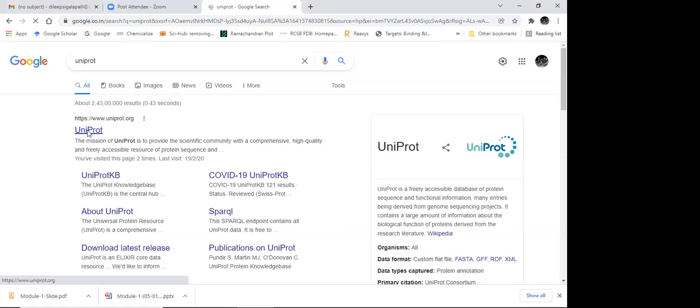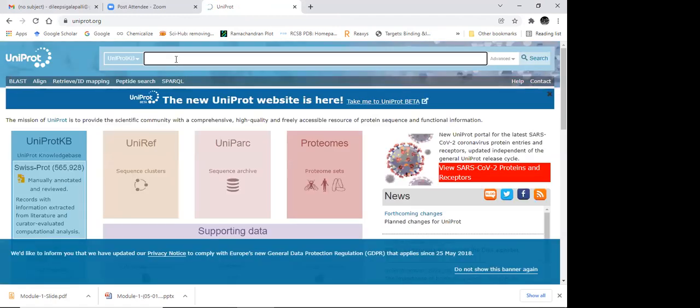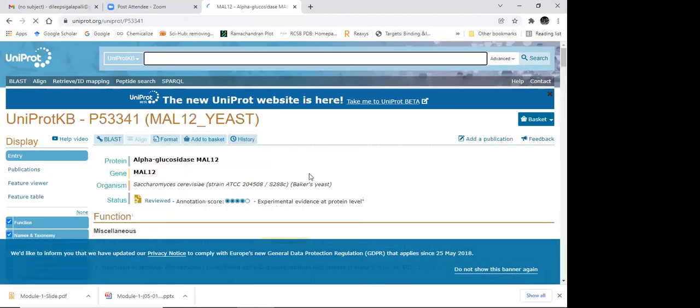Then just log into UniProt once. There you need to enter the UniProt ID of the query sequence of alpha glucosidase enzyme. Then just click search. Then here you can see alpha glucosidase enzyme of organism Saccharomyces cerevisiae, that is Baker's yeast.